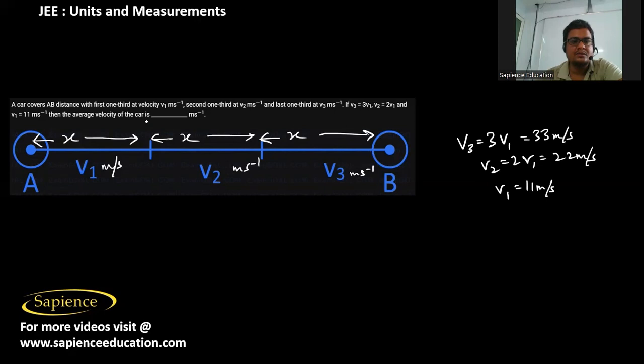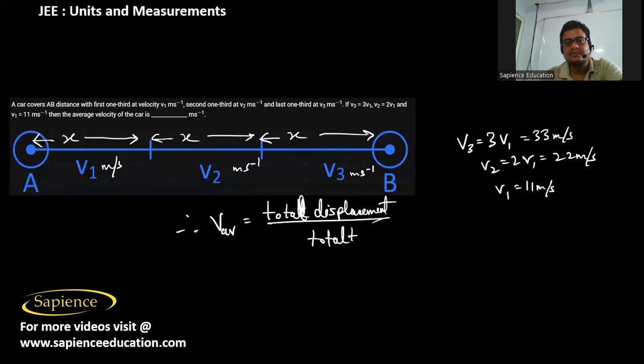Then the average velocity of the car is dash meter per second. So therefore the average velocity, as we know, is equal to the total displacement by total time. So the total displacement is x plus x plus x, 3x meters, divided by the total time.